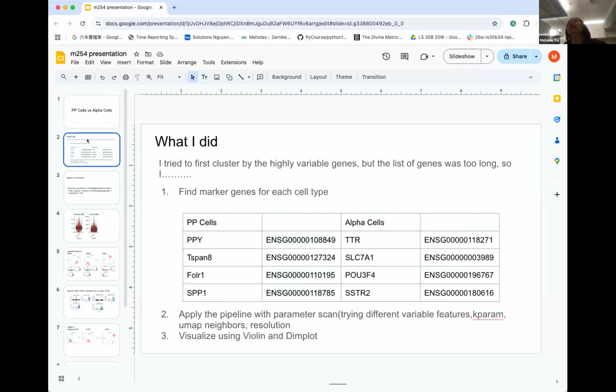The first thing that I tried to do was to run the first two steps of the pipeline, all the way up to the HPG part.